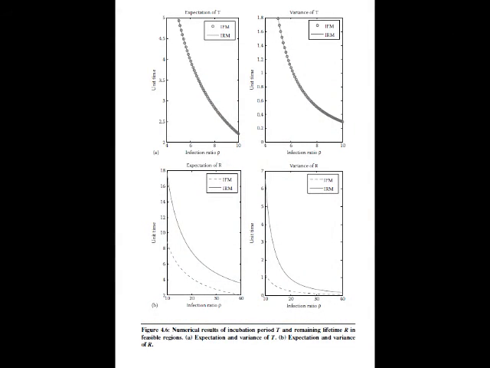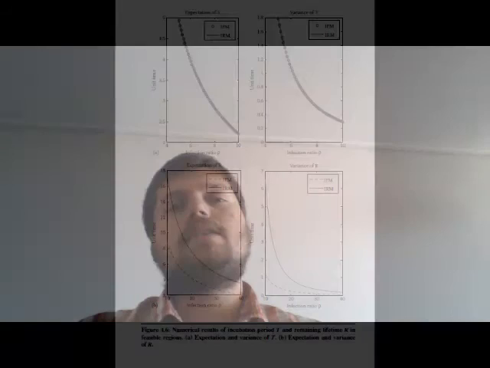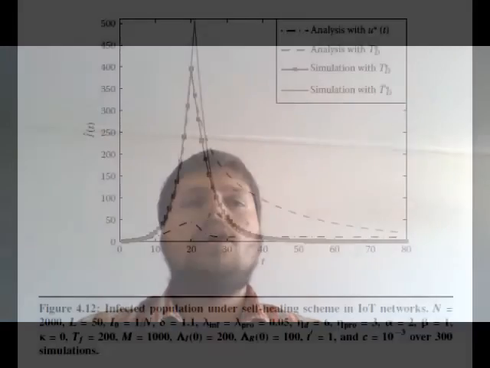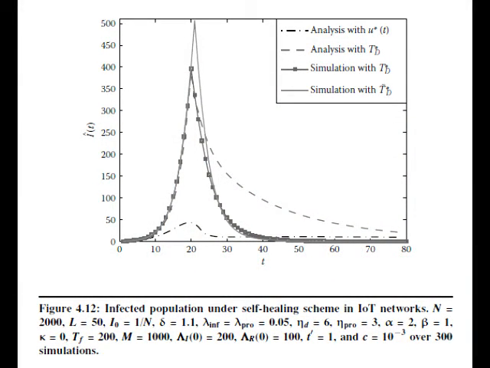So if we analyze, for example, EFM, we see that the lifetime of the malware is longer. That means the malware is more likely to persist in this type of model. And in the case of SIR and ESIR, the ESIR promotes a lower total maximum of infected nodes.